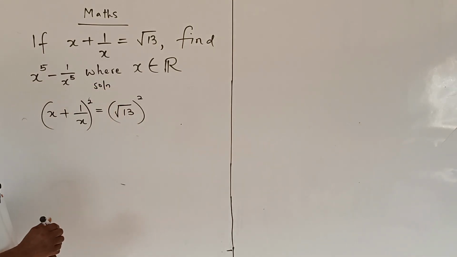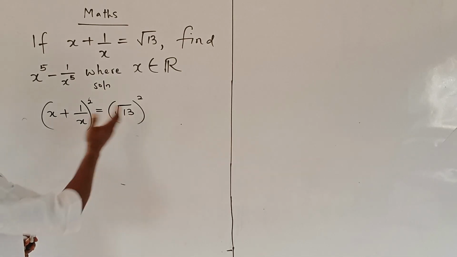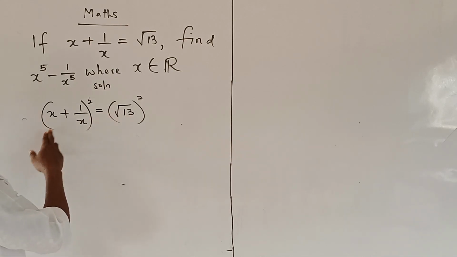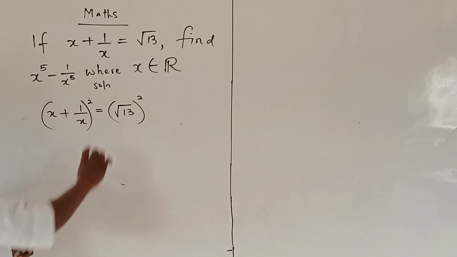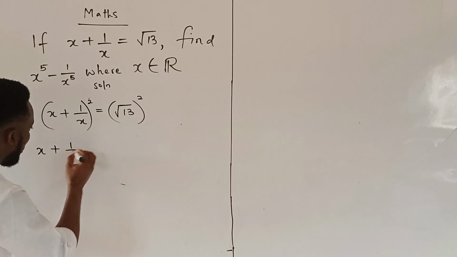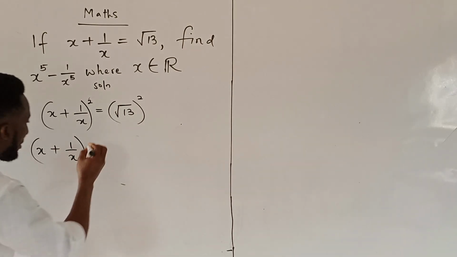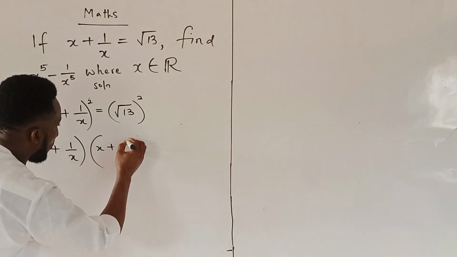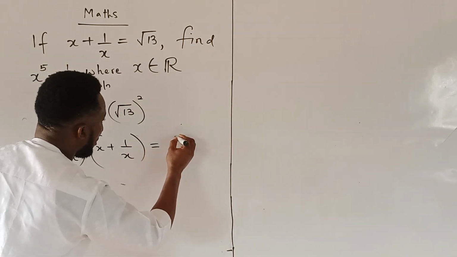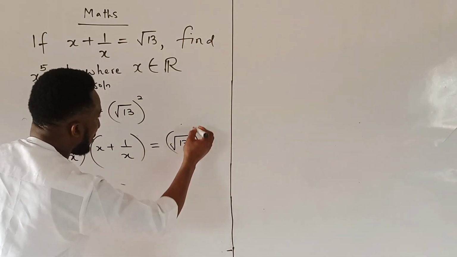Squaring both sides is going to help me undo this square root or the radical. Now, s plus 1 upon s all squared can be written as s plus 1 upon s in one parenthesis, s plus 1 upon s in another parenthesis, equal to the square root of 13 squared.